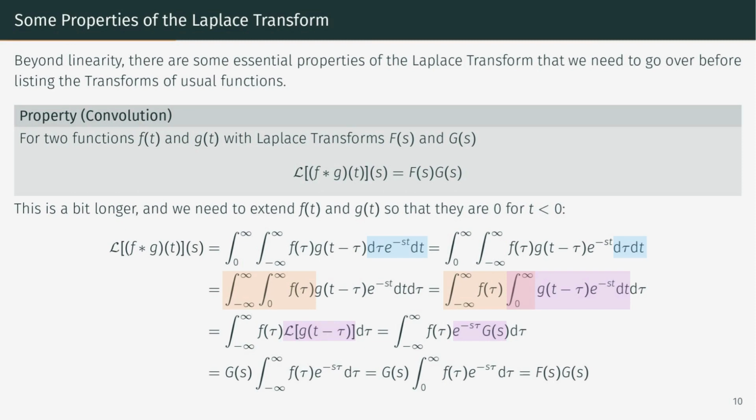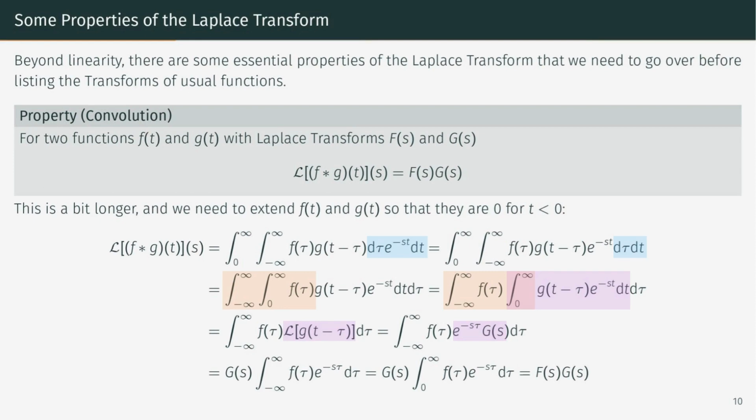We then invert the order of our operations such that the d tau and dt are next to each other, and this is shown in blue. This leads to the double integral of f of tau g of t minus tau times e to the negative st d tau dt, with the first integral from 0 to infinity and the second from negative infinity to infinity.